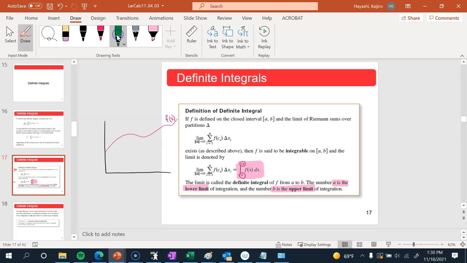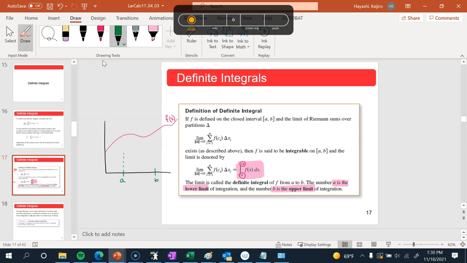If you wanted to find the area under this curve, of course you'd have to keep it between two particular x values, because this curve doesn't stop. It's not like it has a finite area under it. You would say that you want to take the area from A to B. Right? So from an x value to a different x value.